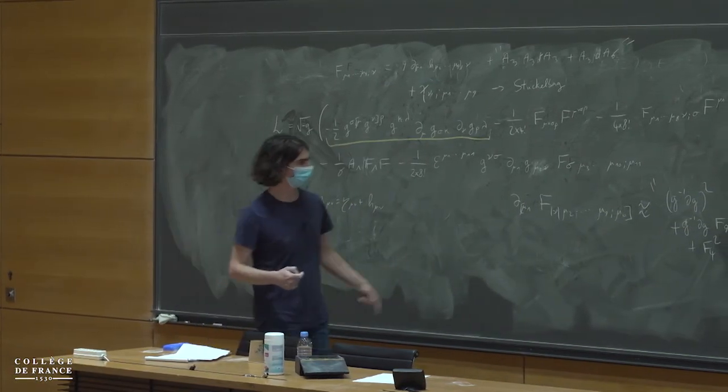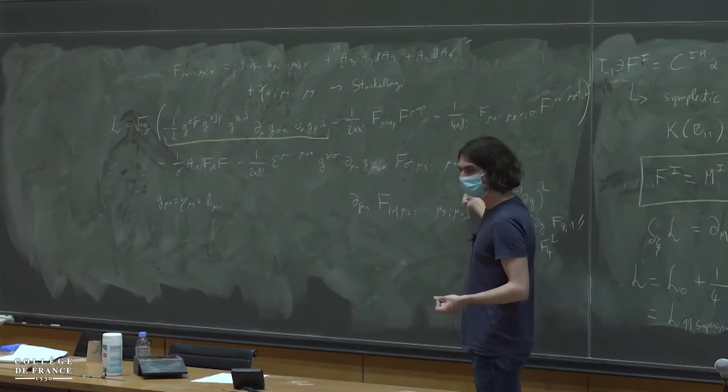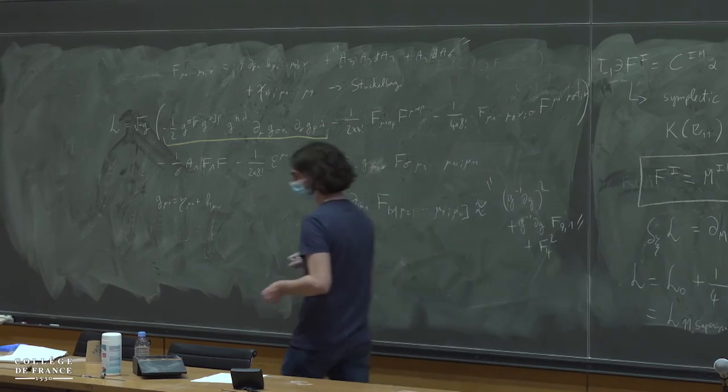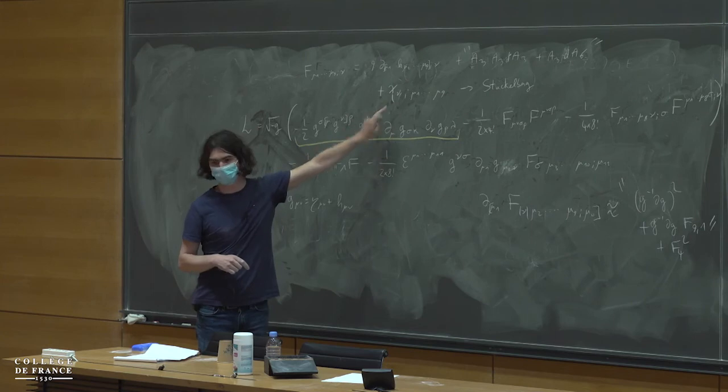And now if you solve this equation in the linearized approximation, you obtain by the generalized Poincaré lemma that χ_ν is a total derivative.